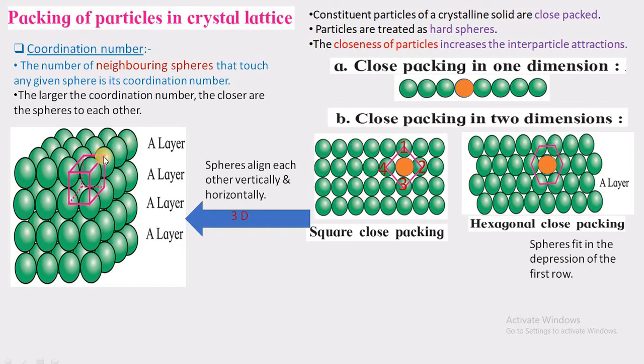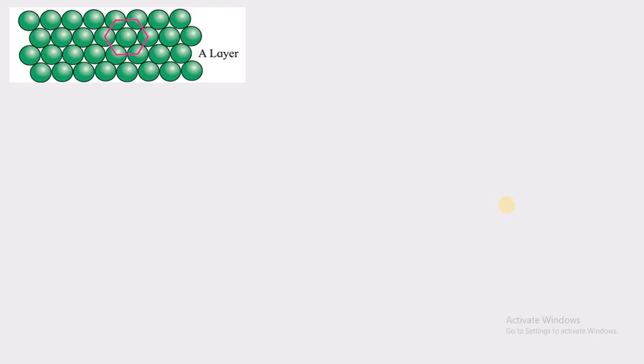That means all the spheres align each other vertically as well as horizontally, and this is the only way by which the square close packing structure can be converted into a 3D structure. It forms a simple cubic unit cell, that is, a primitive unit cell, when packed in three dimensions, whereas the hexagonal close pack structure can be packed in two types, and we will see these two types.